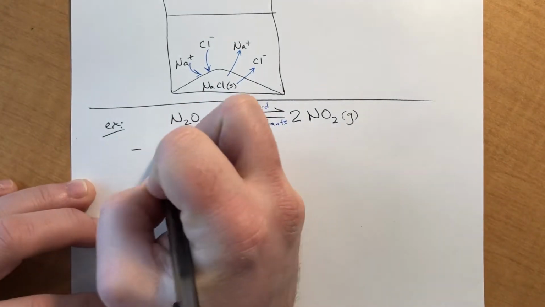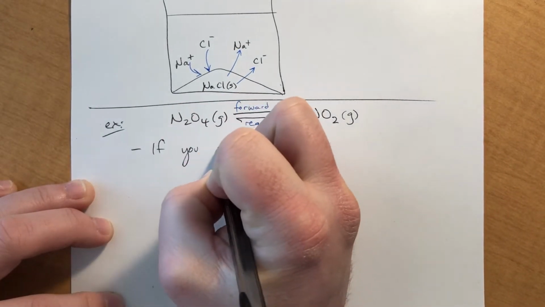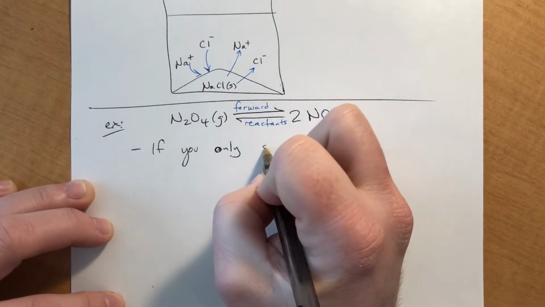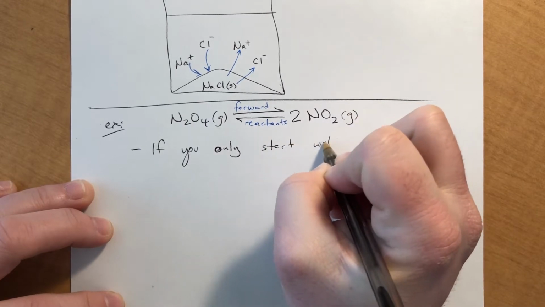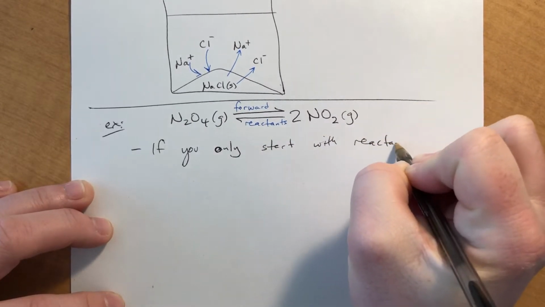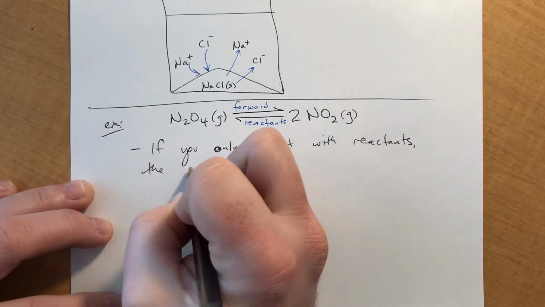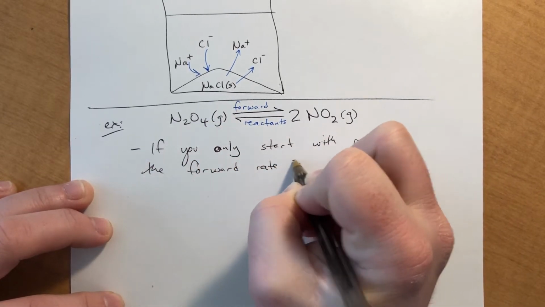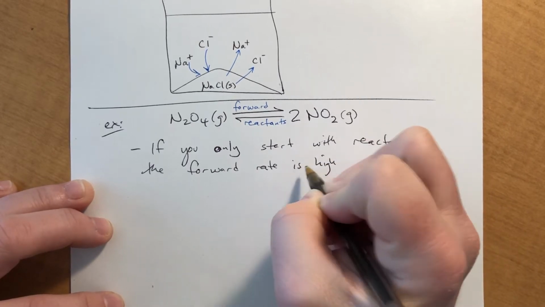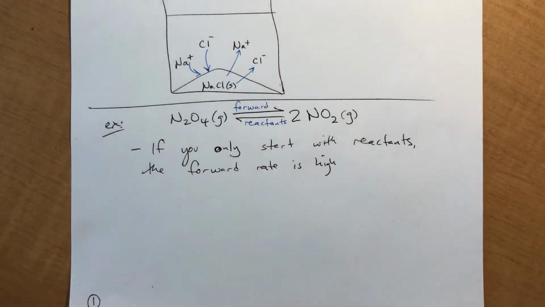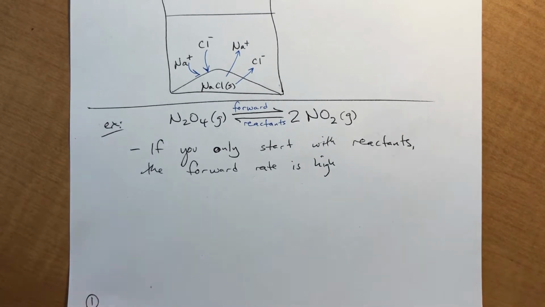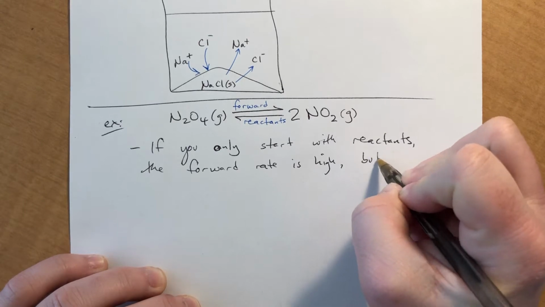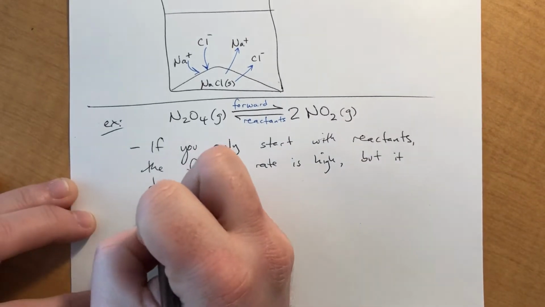So let me try to write some of this down. If you only start with reactants, the forward rate is high. We saw in the last chapter that the higher the reactant concentration, the faster the rate is going to go. So it makes sense that if you only have reactants, that's as high as it's possibly going to get. But it decreases with concentration.